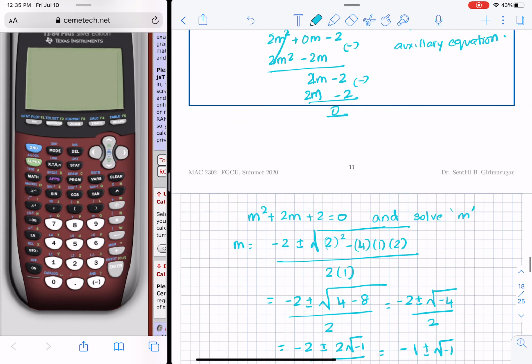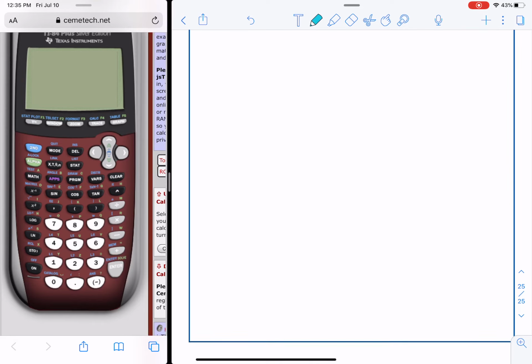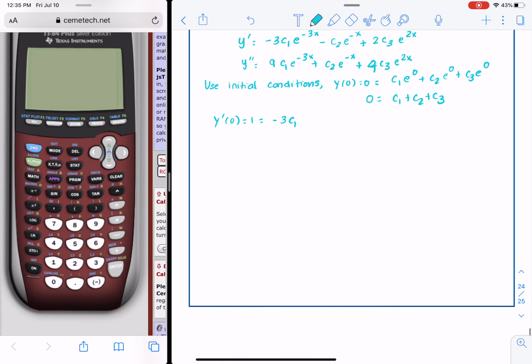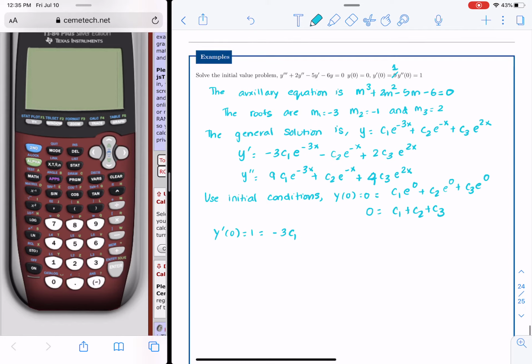Okay. We evaluated the second derivative at 1 in the previous problem. Here we are doing it at 0. So minus 3c1 minus c2. So e raised 0 minus c2 e raised 0 plus 2c3 e raised 0, which would imply 1 equals minus 3(1) minus c2 plus 2c3.